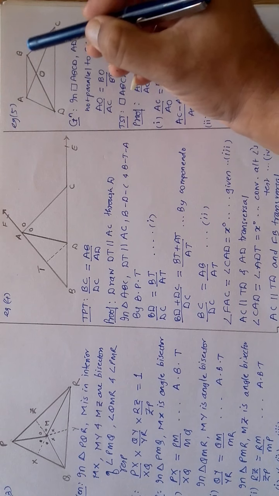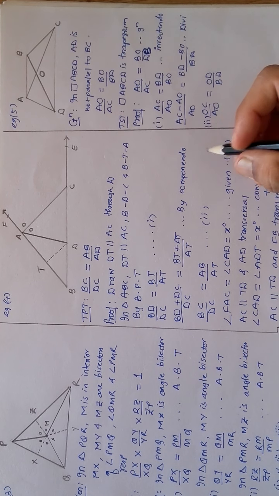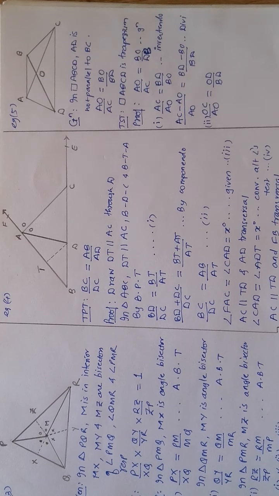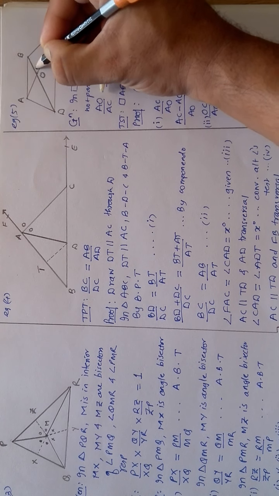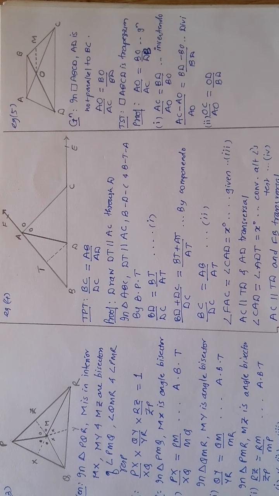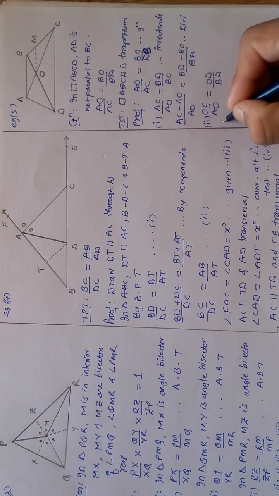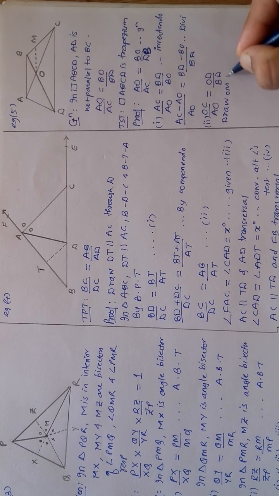So that line must compulsorily come from this O. It must be parallel to the third side, either this one or that one, whichever you are comfortable with. So I am drawing a segment, say M over here. I am drawing OM. Let me take it parallel to AB.